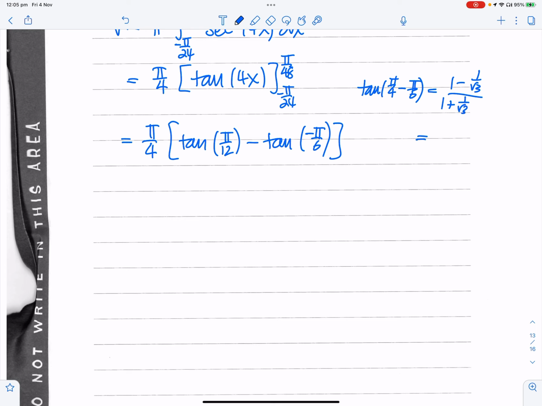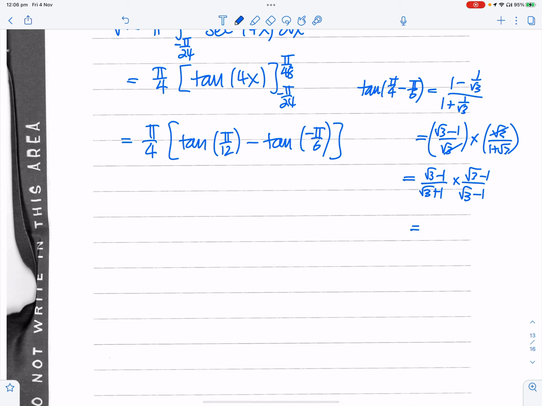So we've got root 3 minus 1 on root 3 divided by, times root 3 on 1 plus root 3. They cancel. Root 3 minus 1 and root 3 plus 1, times that by root 3 minus 1 on root 3 minus 1.